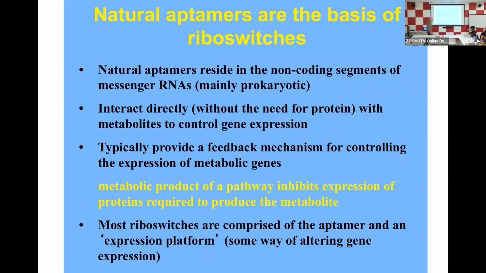So basically, the idea is that, and this is an interesting level of regulation, because it's completely independent of transcription. Okay, so you have transcription, but then, if at the start of the RNA you have here mRNA, and then you have your genes, gene A, gene B, gene C, whatever.